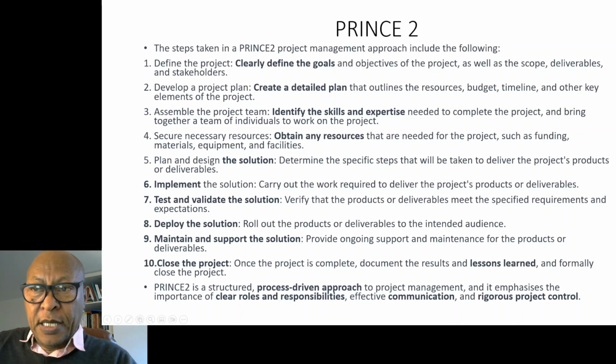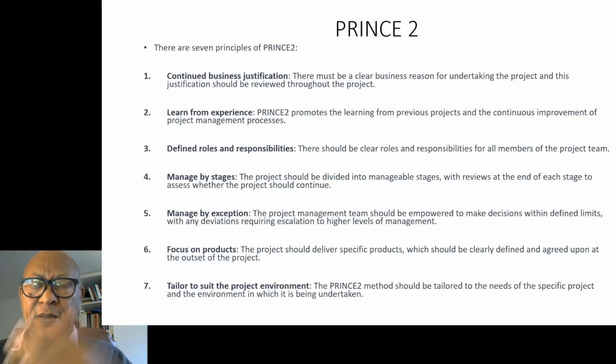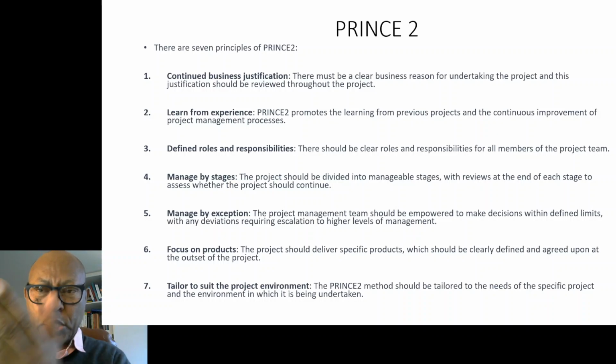Now, let's go to the principles of Prince2. What are the principles of Prince2? It has 7 principles. The first one is continued business justification. What does it actually mean? I was talking about the comparison of cost and benefits of the product we're producing. As we progress through the project, we continuously justify the business case.